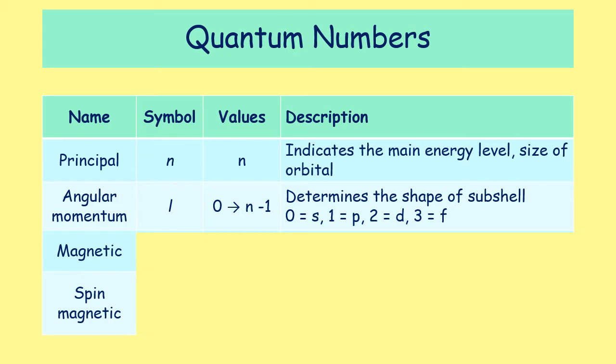The next number is the magnetic quantum number. And the magnetic quantum number is used to tell you the orientation of the particular orbital. So remember, we had 3 different types of p orbital, we had 5 different types of d orbital.